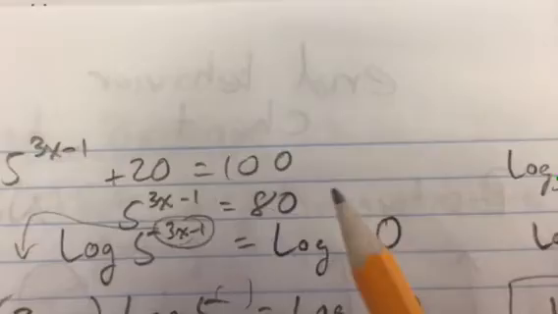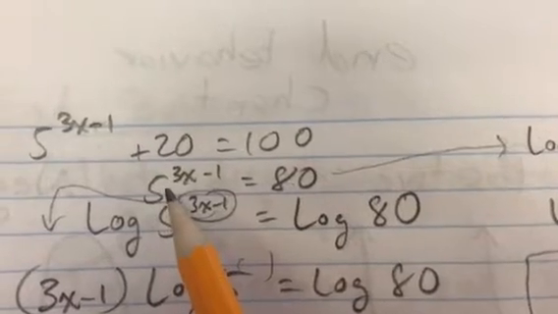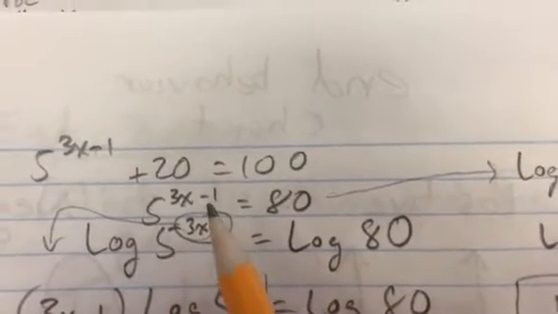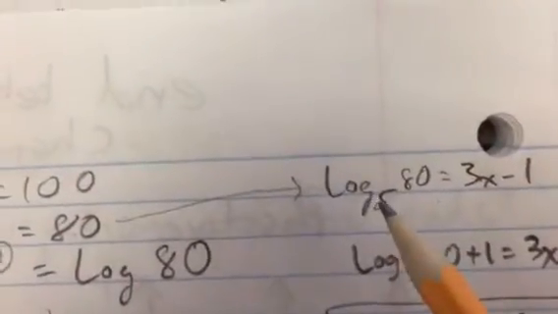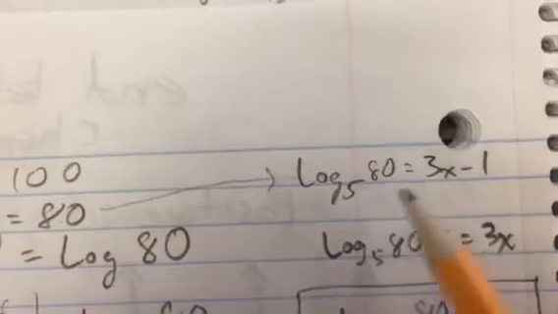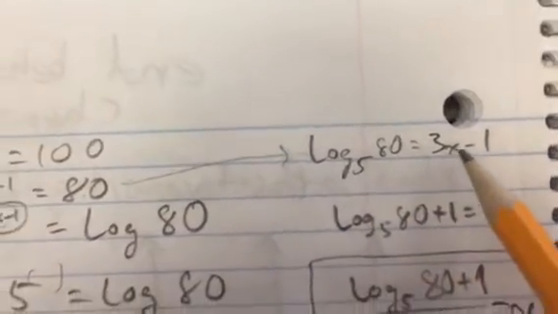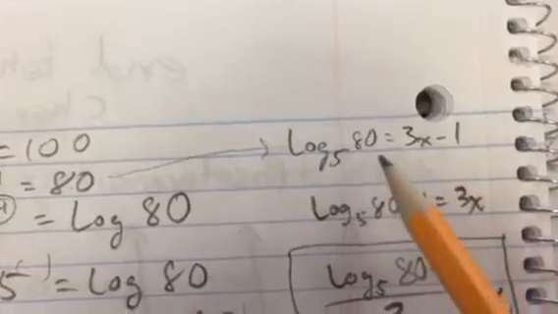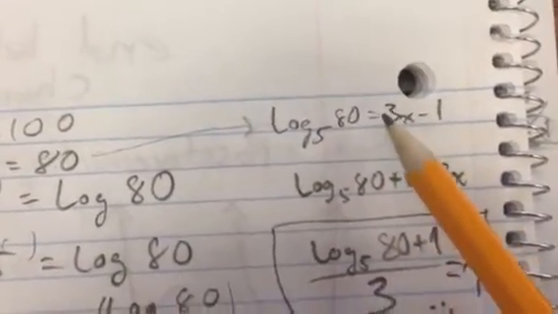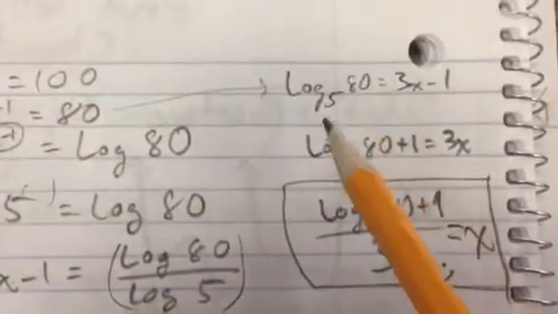I could have taken this and turned this into a logarithm statement with base 5 for my log. And so since 5 is the base and 3x minus 1 is the exponent, I could have had log base 5 of 80 set equal to 3x minus 1. There's my base and exponent, and that equals 80. So 5 to the 3x minus 1 equals 80. Once I isolate x from this, then that's another perfectly acceptable way to write it as an exact value.